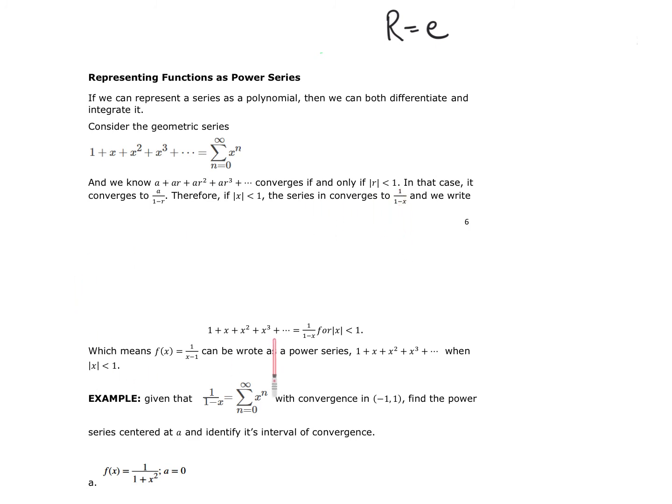And that means that I could write this geometric series as this, but as a replacement of 1 over 1 minus x, where x is my r, for any x less than 1. Which means if I see 1 over 1 minus x, I can write it as a power series if my x is less than 1.